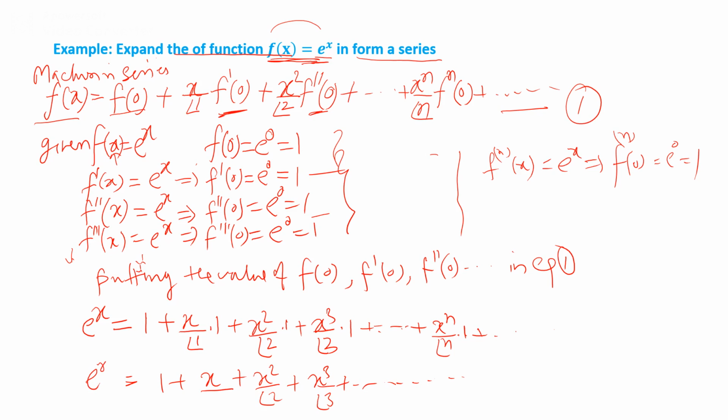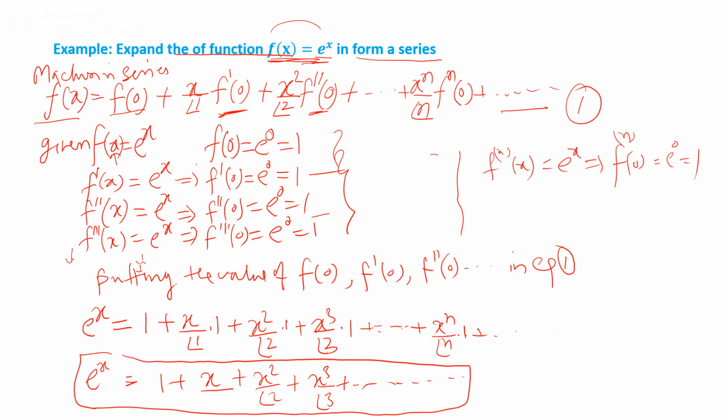This is the expansion of that function, or we can say the series of e to power x. In that manner we can expand any function. And remember, if we want to expand any function, we use the Maclaurin series, which is the extension of the Taylor series.